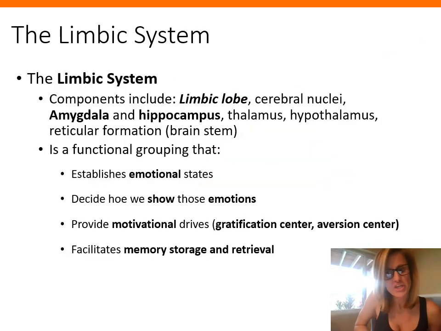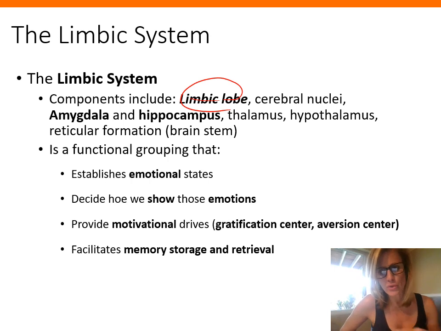All right, we'll change gears from the cerebellum and talk about the limbic system. The limbic system is also referred to as the emotional brain or the motivational system for the self, the person. The limbic system includes numerous structures in the brain, including what we refer to as the limbic lobe, which is located deep in the cerebrum, multiple cerebral nuclei that are scattered throughout the cerebrum.